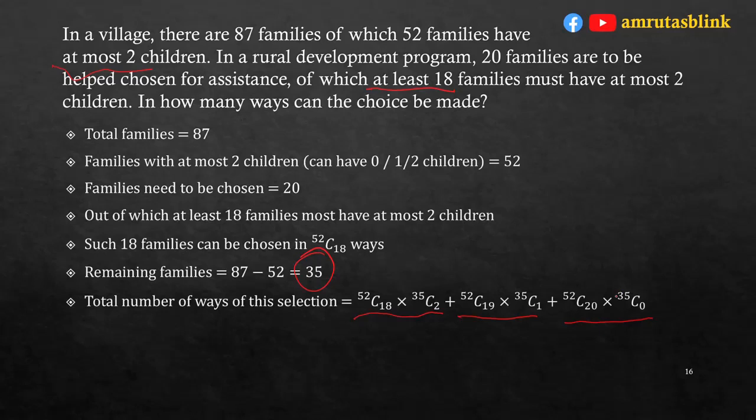So, total number of ways for selection is equal to 52C18 into 35C2 plus 52C19 into 35C1 plus 52C20 into 35C0, that is 1, as 35C0 is equal to 1. You can keep this expression as it is.